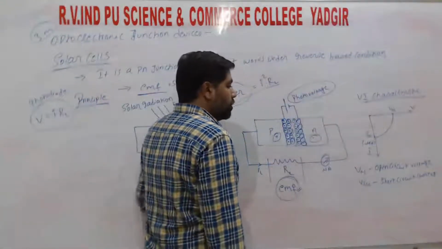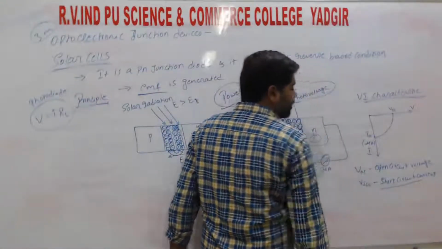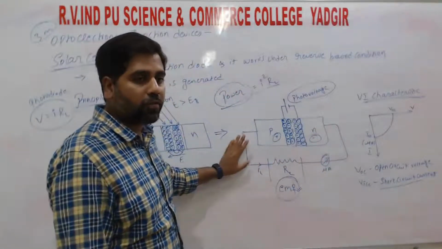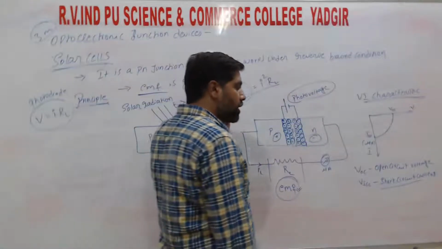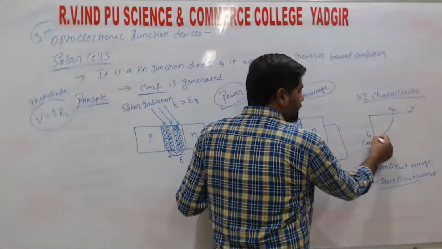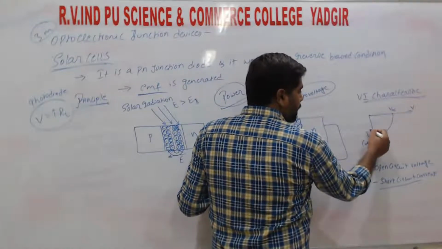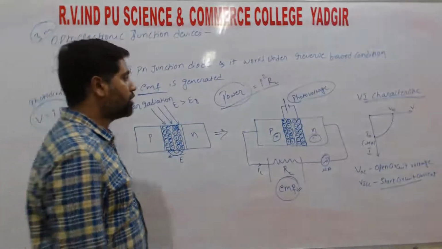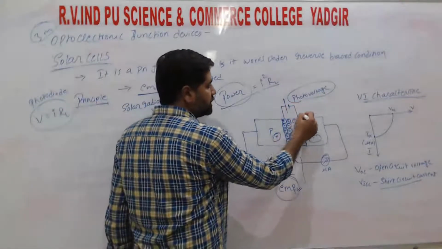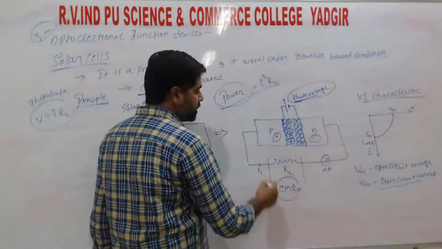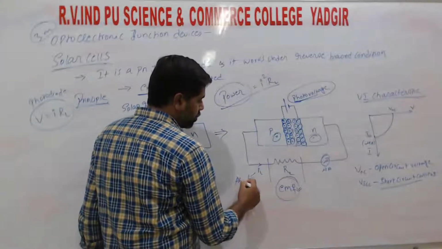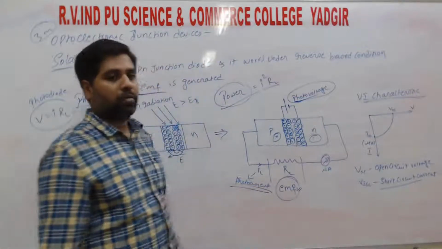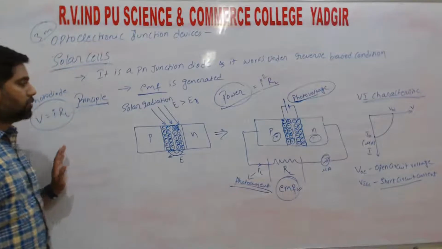Here there is a short circuit current, that means the resistance is connected directly from P to N. The current flowing is ISC and the voltage obtained is the VOC, right? The voltage we obtained across this junction we call the photo voltage and the current we call the photo current, right? So this is about the solar cell.